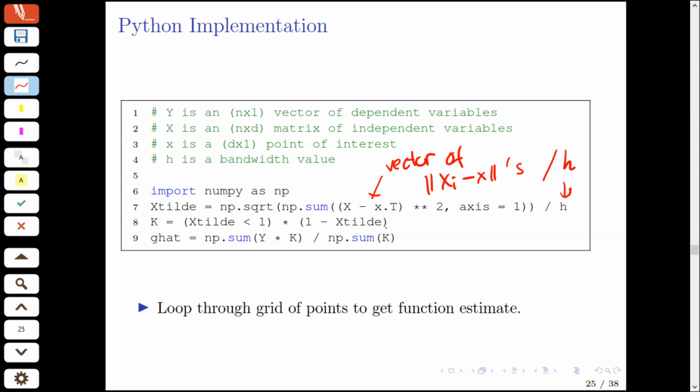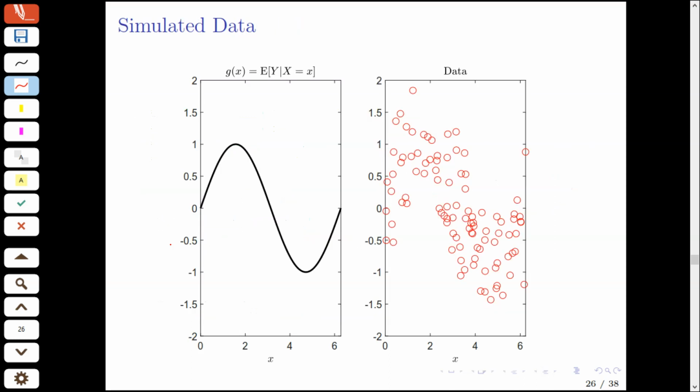Now if you wanted a kernel estimate as an entire function, we could think about constructing a grid of x's, various points of interest, using the snippet as the meat entering a loop over the grid, and then interpolating between the results to get a function estimate. So that's what I've done in the next couple of slides. But first, let me introduce the setting.